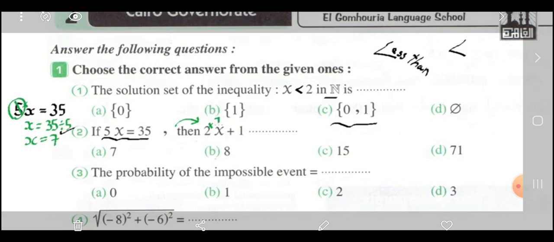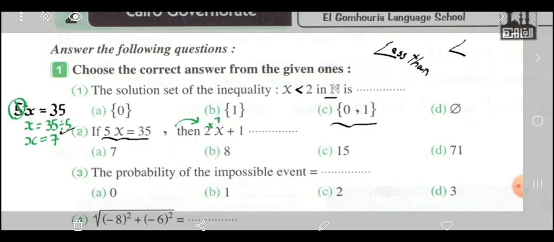Okay, second, if 5x equals 35, then find 2x plus 1. 5x equals 35. We find here 5 multiplied by x, or 5 times x. Then we put 5 on the other side with divide.